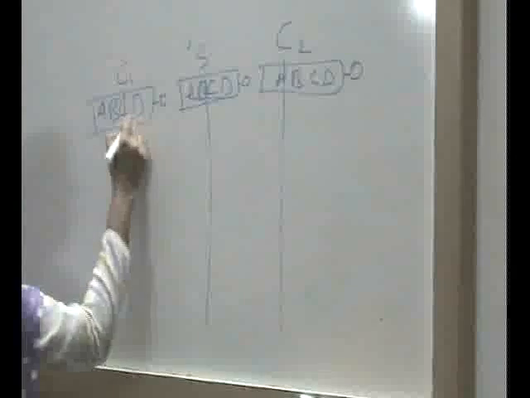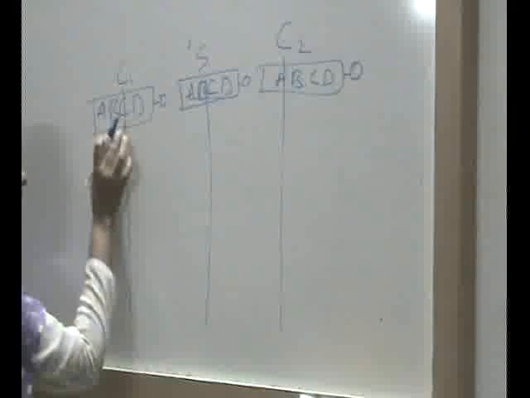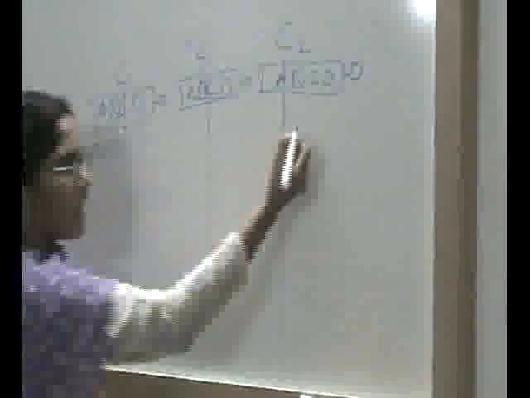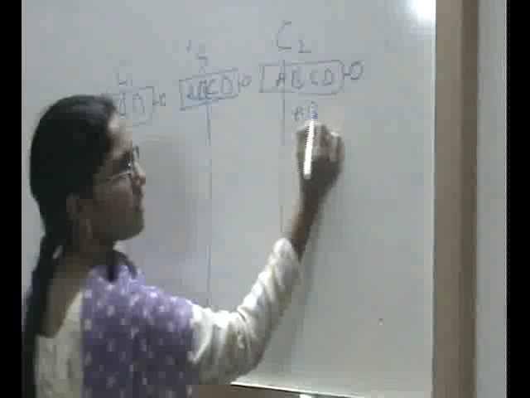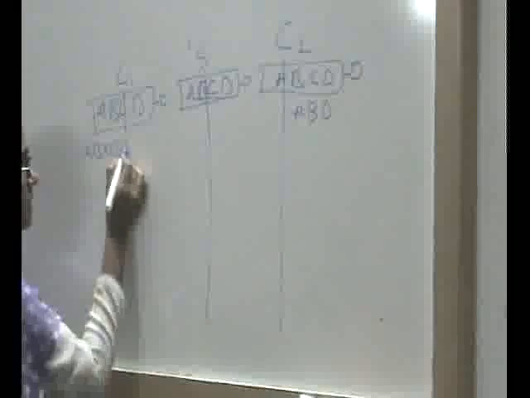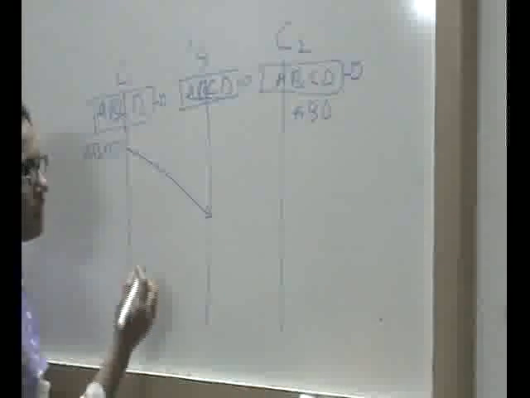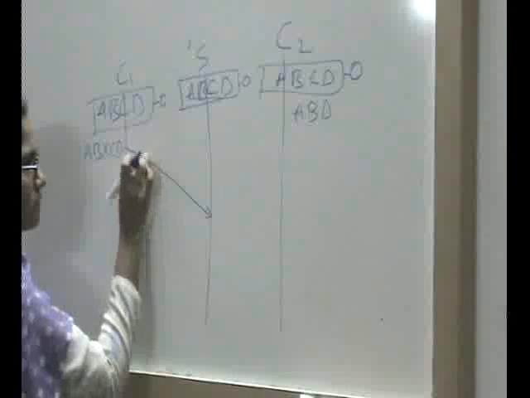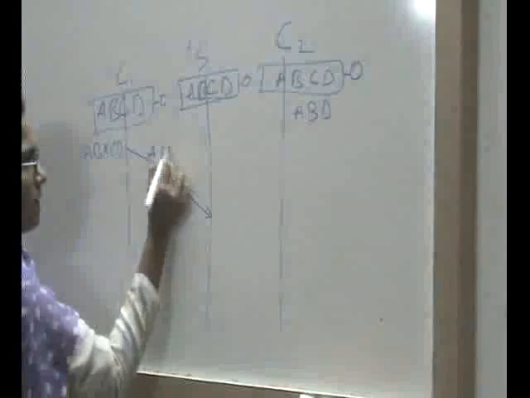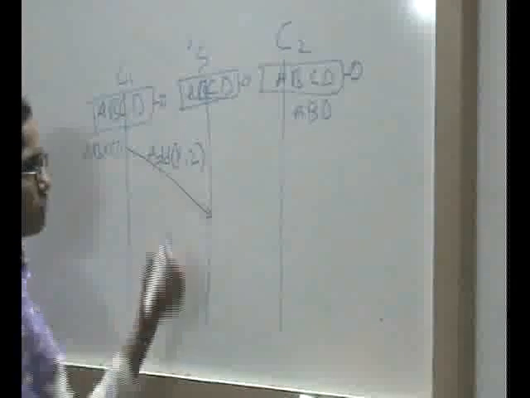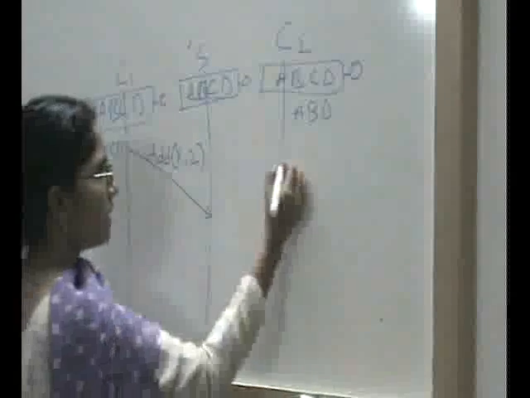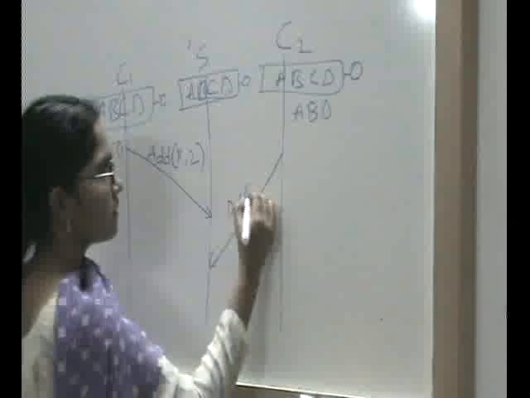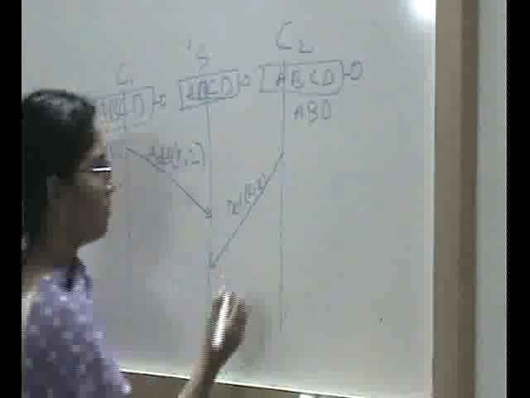So what will happen normally? Client 1 will edit the data, saying A, B, X, C, D, and client 2 will change the data, saying A, B, D. First, client 1 will send data to the server, saying add X at position 2, and client 2 will send data, saying delete C from position 2.